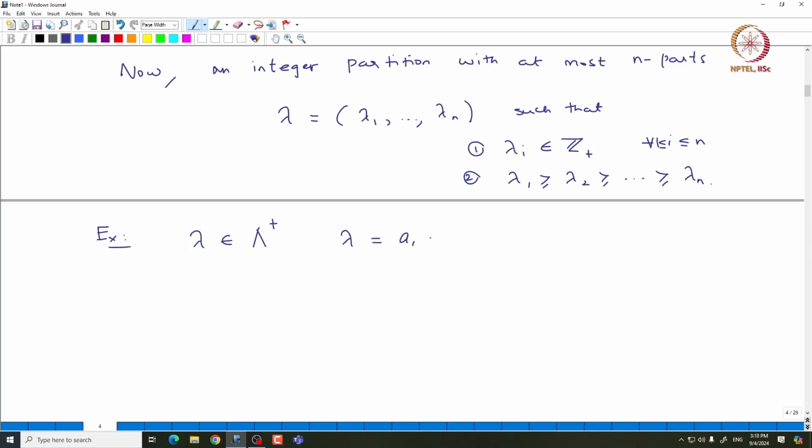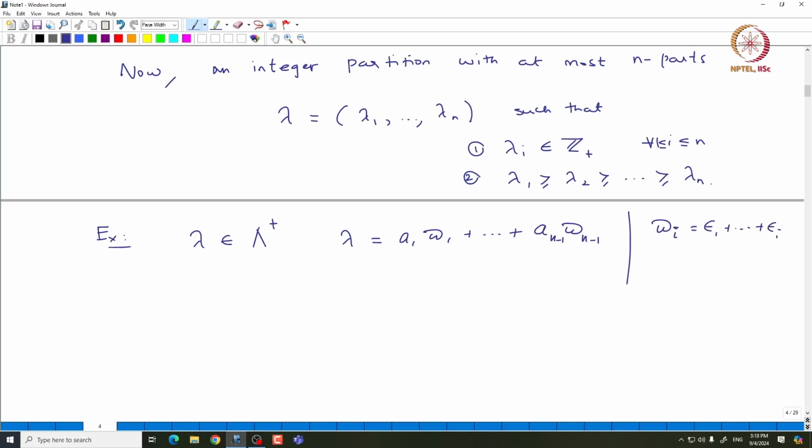You can write it as a1 omega 1 plus etc. plus a n minus 1 omega n minus 1. Because we are working with SLn, the rank of the Lie algebra is n minus 1, which is the dimension of the Cartan. Now, using this identification, omega i is nothing but epsilon 1 plus etc. plus epsilon i on h star.